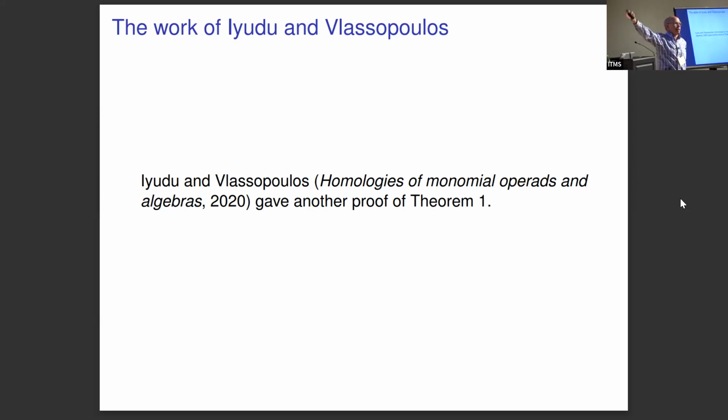You can sort of see that counting the monomials that are left is the same as computing the Hilbert function or the Hilbert series of this algebra, which is what they're doing. But I don't actually know what the connection with homology is. And so this is all I have to say.